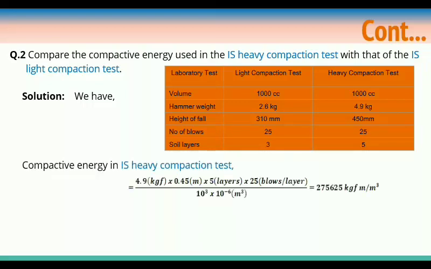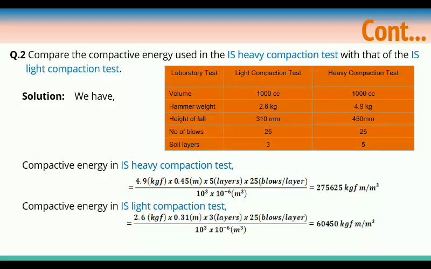We get the value 275625 kg force meter per meter cube, and in the case of the IS light compaction test we get 60450 kg force meter per meter cube. If we take the ratio, we get 4.56. So it means the IS heavy compaction test uses 4.56 times the compactive energy used in the light compaction test.